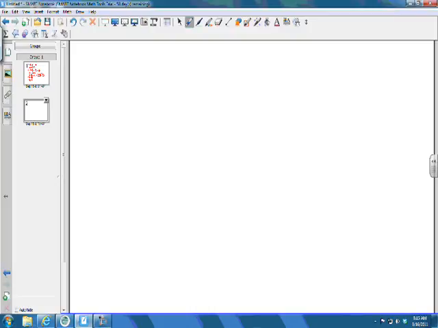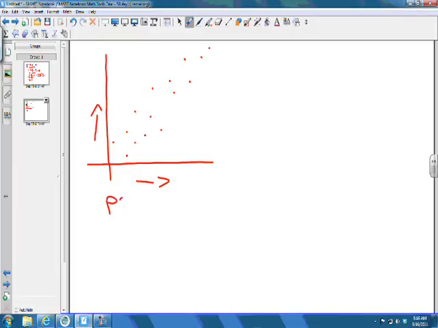First, though, on page 86, we talk about positive, negative correlation. When you plot these values, it may look something like that. That has positive correlation. As this value, whatever it is, goes up, so does this one. That is positive.